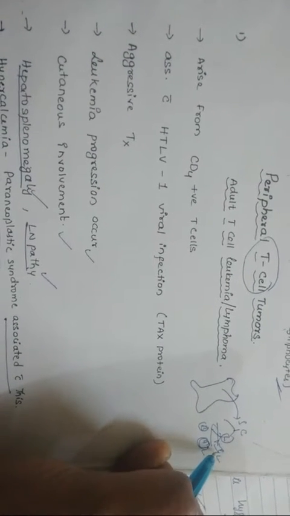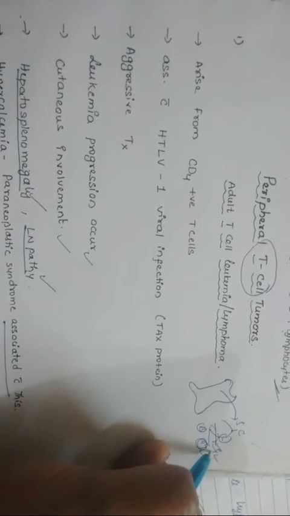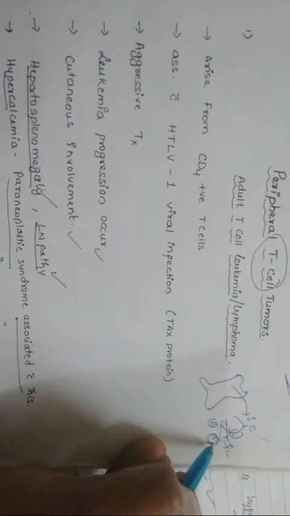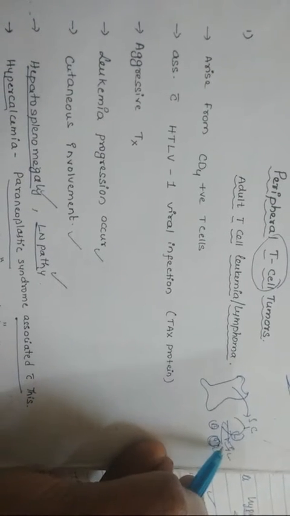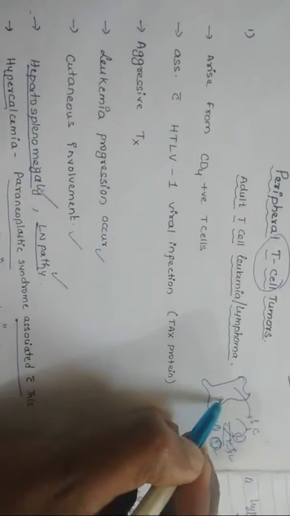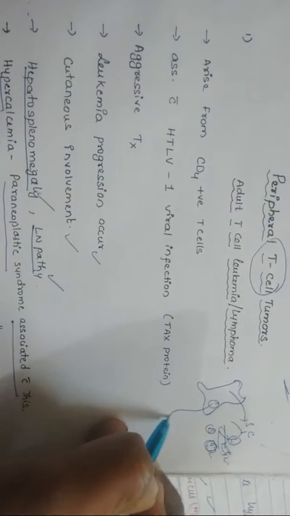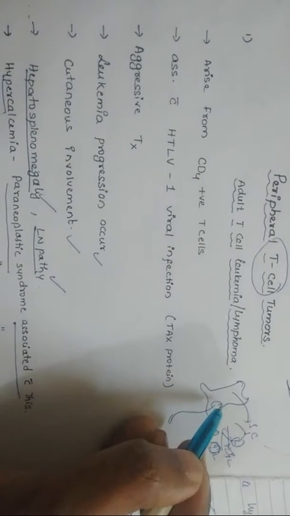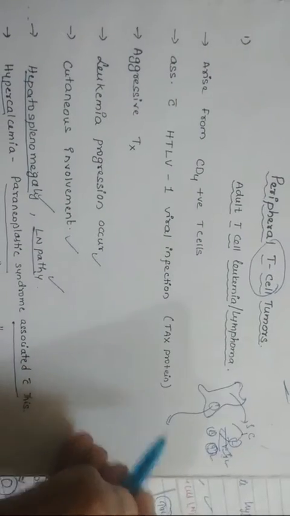Now let's see how the precursor T cell, which is in the bone marrow, has matured enough. So I took the precursor T cells out, and let me draw it in a different diagram here.